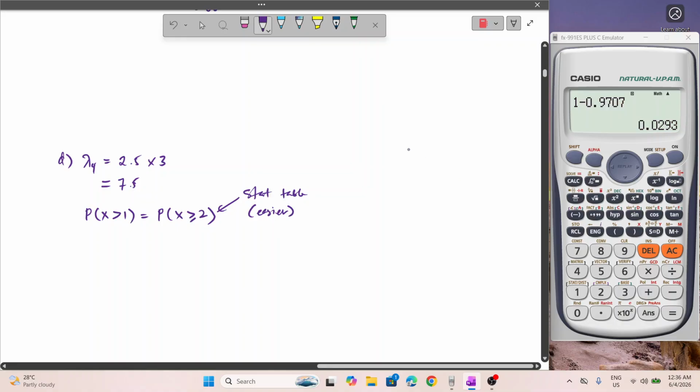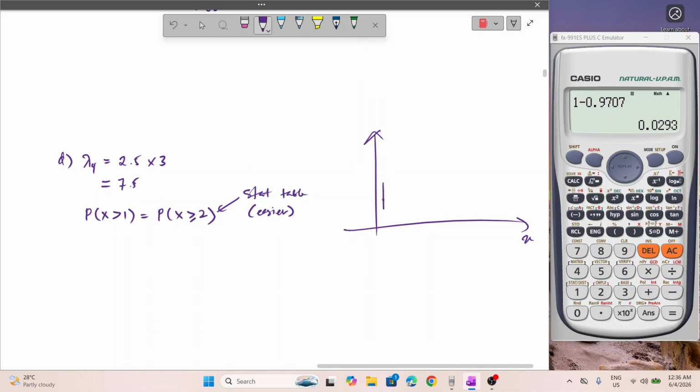Let's say this is our graph. You want to find the probability of x greater than 1, with 0, 1, 2, 3, 4, 5, 6.